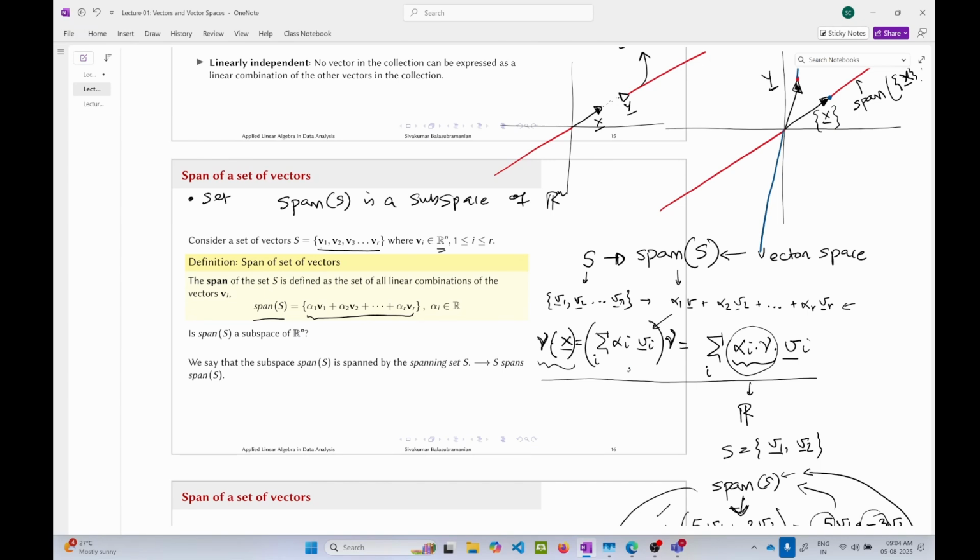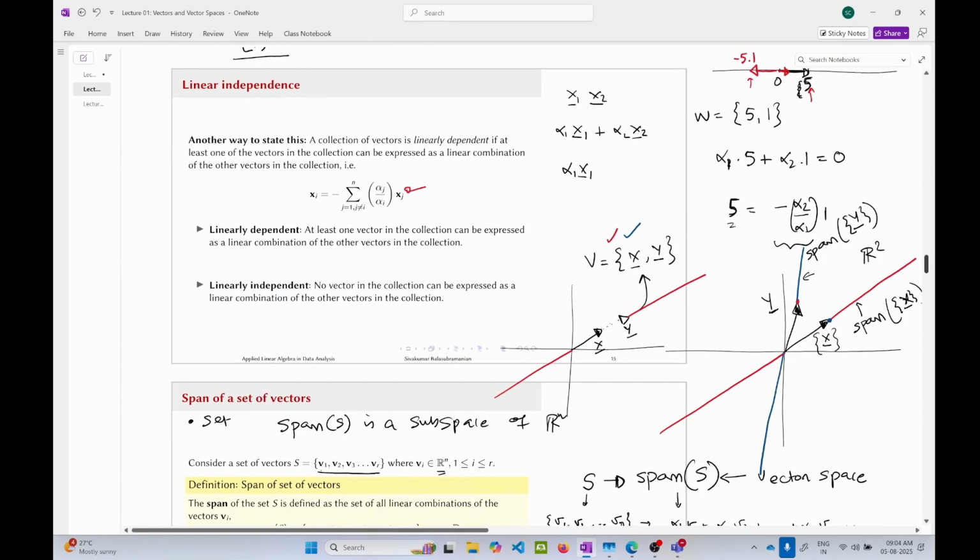That means it has to be a subspace of Rn. This brings us to the idea that if you have a bunch of vectors and you take their linear combinations, what you produce are flat spaces that pass through the origin. The example is this: if I started with just x, I produce a straight line that passes through the origin. With more vectors I produce a flat surface that passes through the origin, which is a subspace.